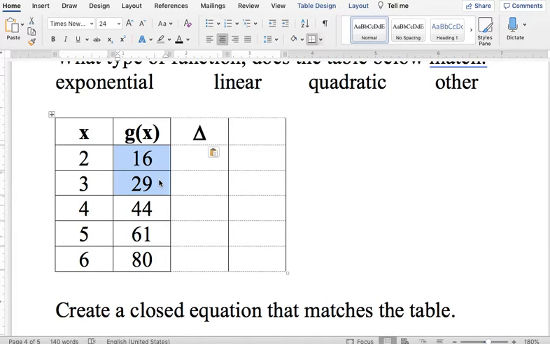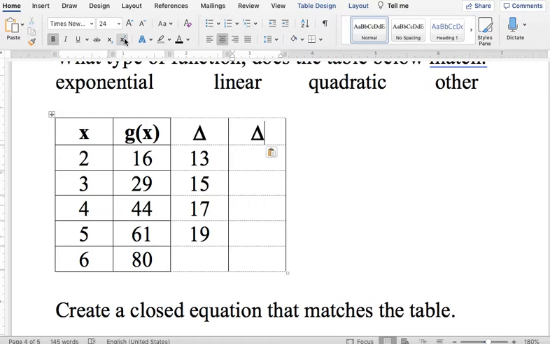The difference between these two, or 16 plus what gets me 29, that's 13. 29 plus what gets me 44, that's plus 15. 44 plus 17 gets me 61. 61 plus 19 gets me 80.